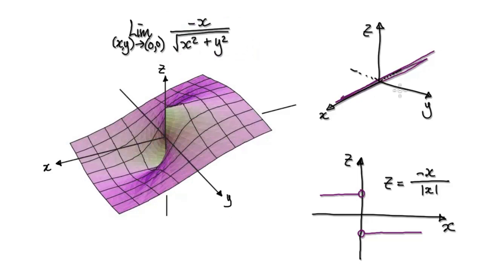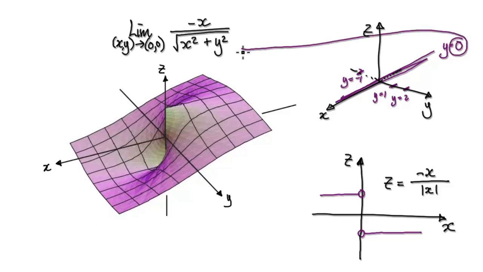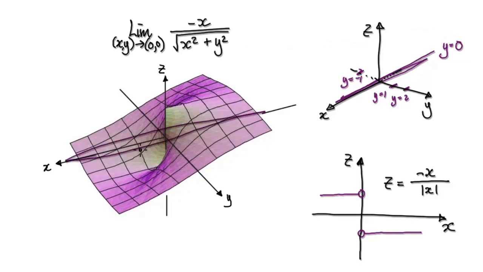This is y equals 1, this is y equals 2, this is y equals -1. Imagine you're at the plane y equals 0. So you put 0 into here. What that means is y equals 0 is along here.